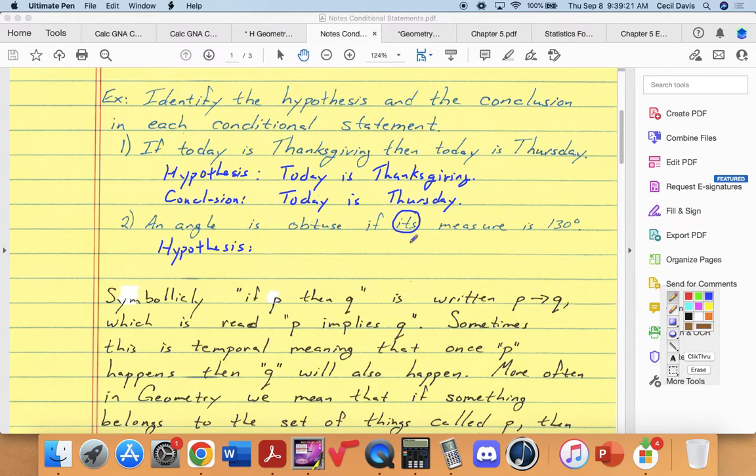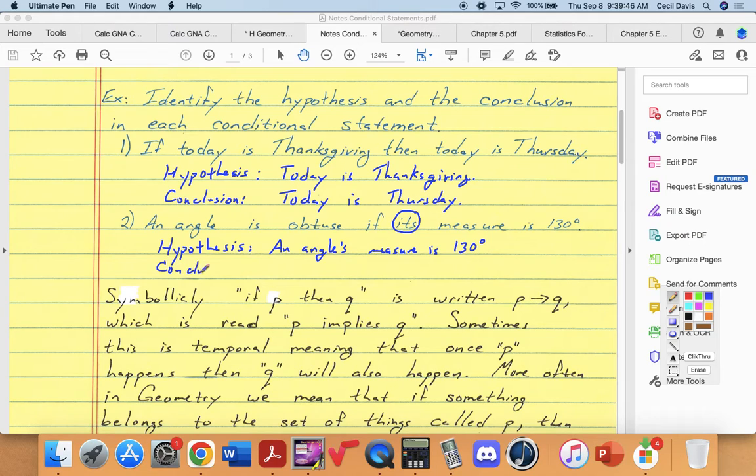What's the noun that it's is talking about? The angle. So we'll replace that with the actual noun. An angle's measure is 130 degrees.